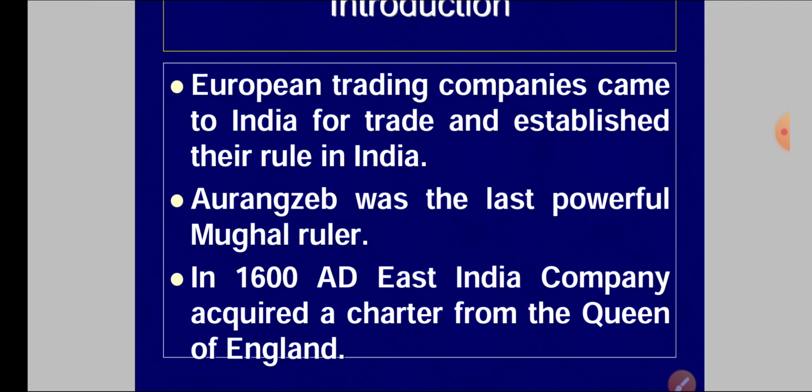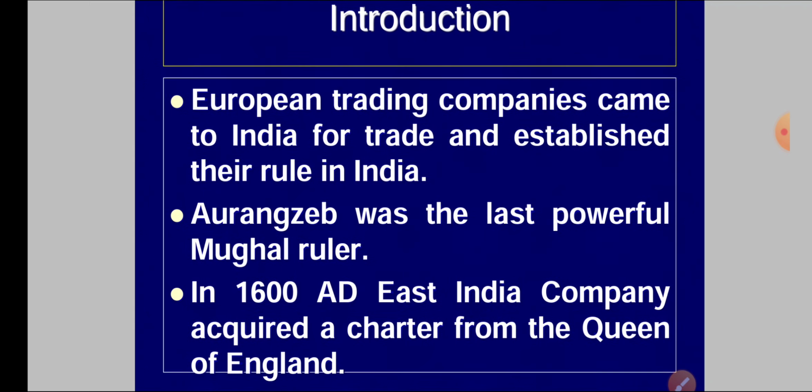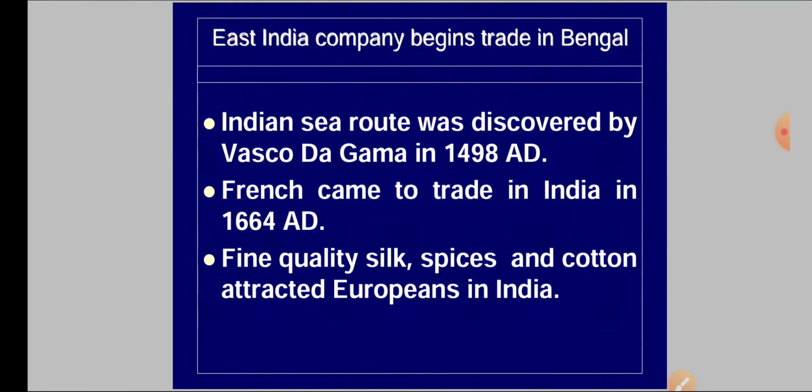Now let me tell you that in India, the arrival of European companies began with the discovery of the sea route by Vasco da Gama. Vasco da Gama was the first person. He was from Portugal.